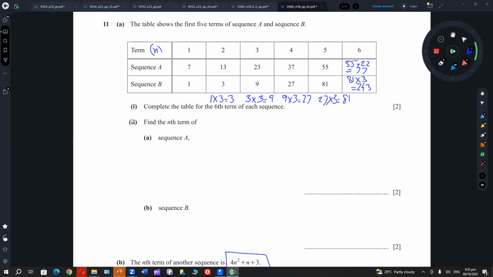Any idea about this one? Because every number is being multiplied by 3. Okay, I tried it and I think it's 3 and then n minus 1. 3n minus 1.